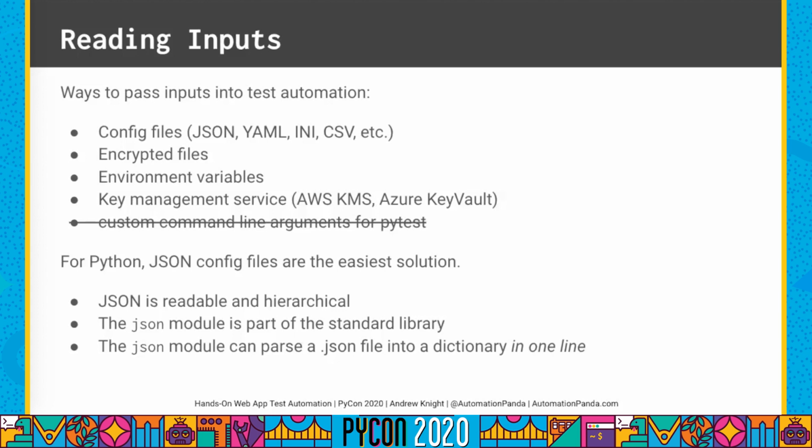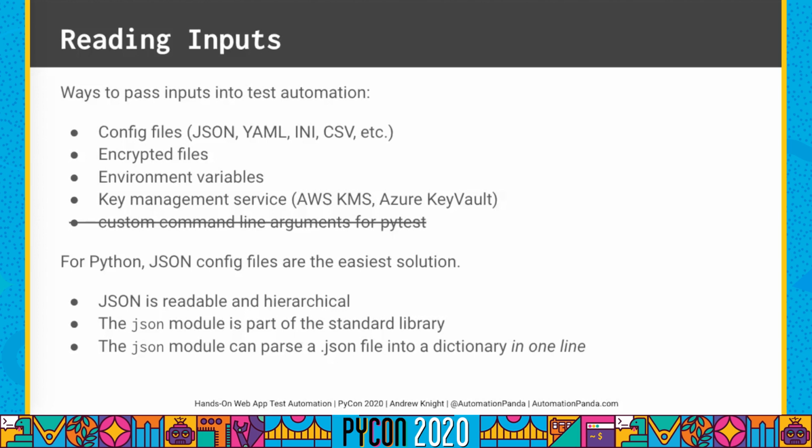Instead of files, you could also try to pass inputs into automation using environment variables. You could use Python's OS module to read environment variables directly. However, environment variable inputs are limited to being one-dimensional strings, and they could also change easily based on the system under test.